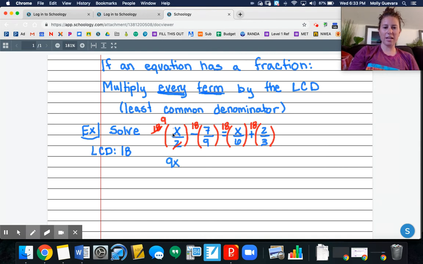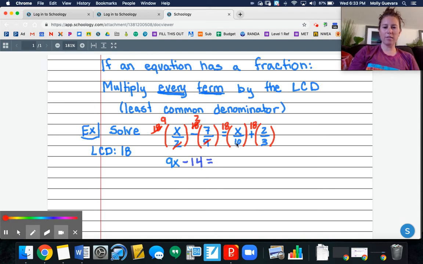The 9 is there and the x. Same thing here, I have 18 divided by 9, which is 2. So when I go back, now I have 2 times 7, which is 14, and it's negative. So negative 14. And then I'm going to just keep going.